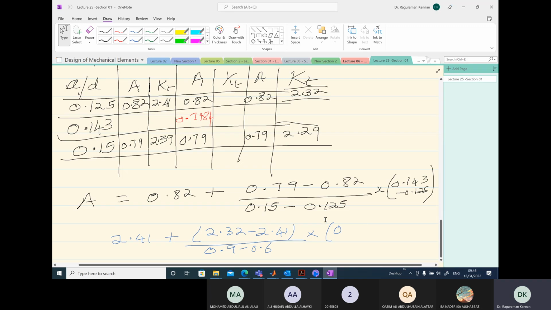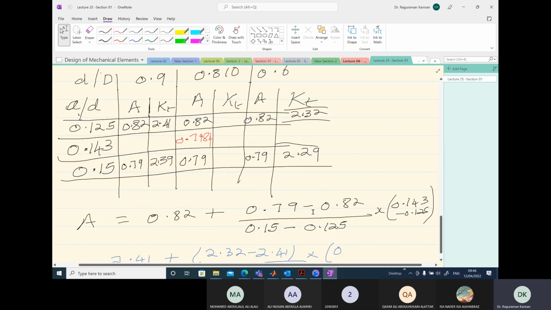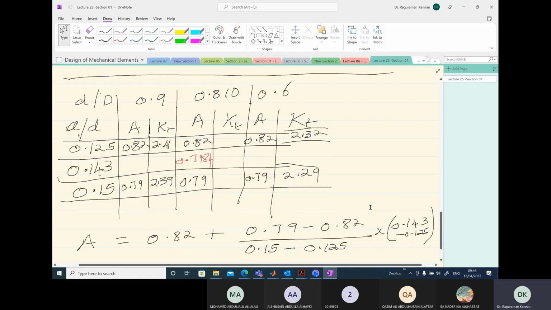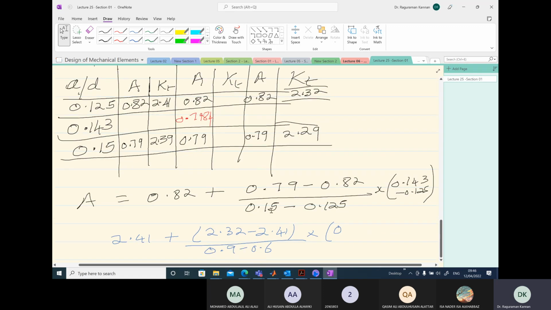Okay, so what is the final? It is decreasing. The final minus the initial value, 2.41, is negative. I think I have written it the wrong way here.